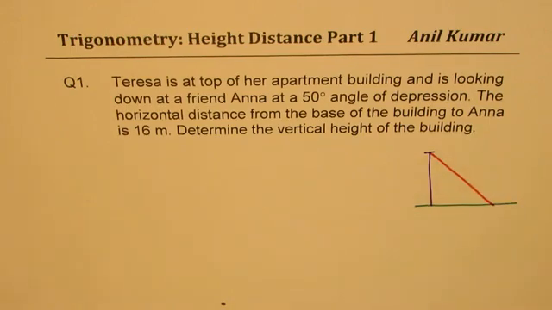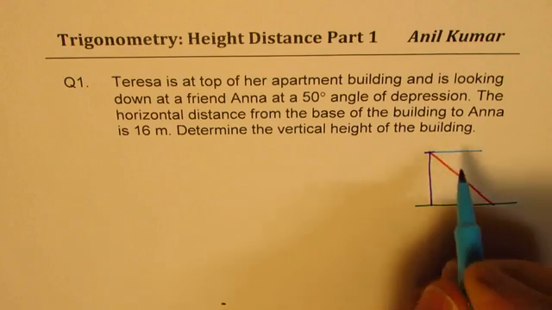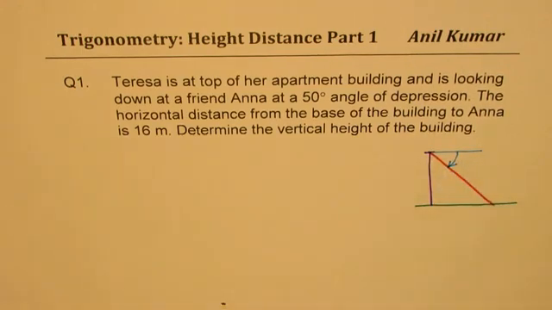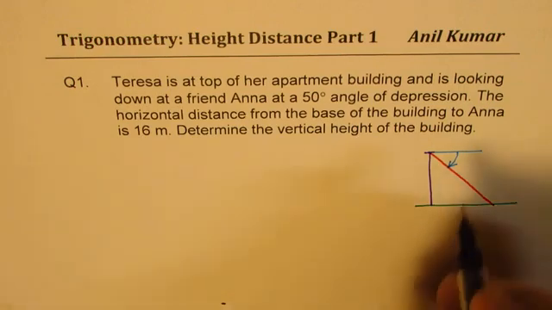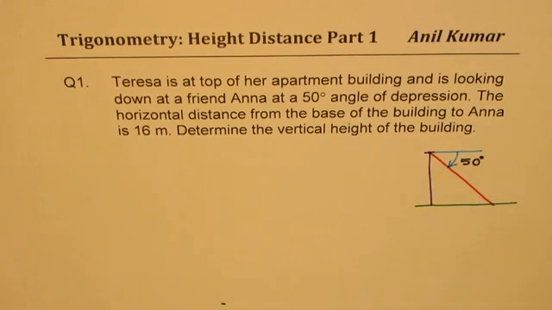Now the first question is, the angle of depression is 50 degrees. What does that mean? Now from here, the angle of depression is always measured from horizontal line, right? So this angle is 50 degrees. Is that clear to you? If you make a mistake here, then you get definitely a wrong answer.